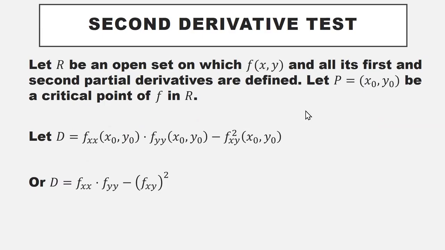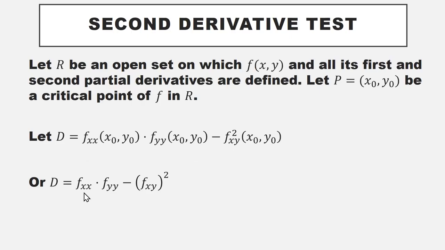Now, it's going to take a couple of slides to explain this, but essentially what we do is we take the second partial derivatives of my function. Obviously, I have to have a function where those second partial derivatives are defined for this to work. And when we have a critical point, what we do is we plug that point into our second partial derivatives.